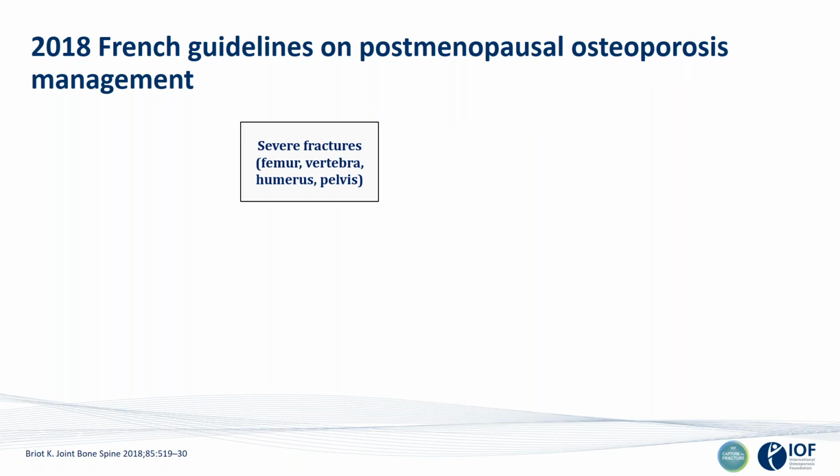The first one is a patient with a severe osteoporotic fracture, namely femur, humerus, vertebrae, or pelvis. The second situation is a patient with a non-severe osteoporotic fracture, so all the other fractures: rib, wrist, ankle, and so on.